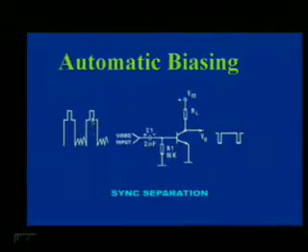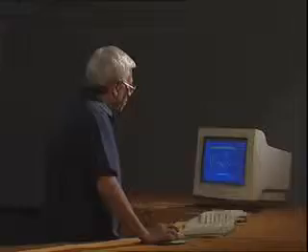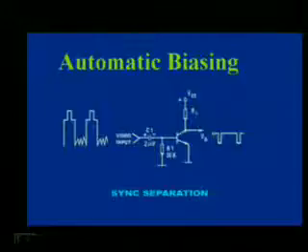Till the sink level is available, the base of the transistor is in the cutoff region. As soon as the sink pulse level comes, the base and emitter go forward biased and the transistor comes into conduction, and accordingly the sink pulse is taken out.